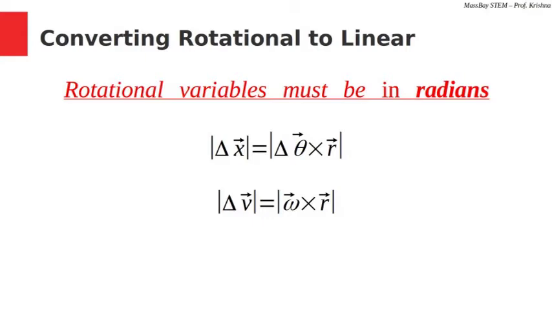There's a very similar relationship between speed and angular velocity. Speed equals angular velocity times radius. And a similar one for acceleration. The size of the linear acceleration equals angular acceleration times radius. Again, all rotational quantities have to be in radians for these equations to work.